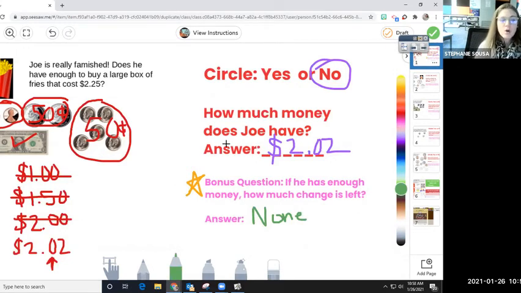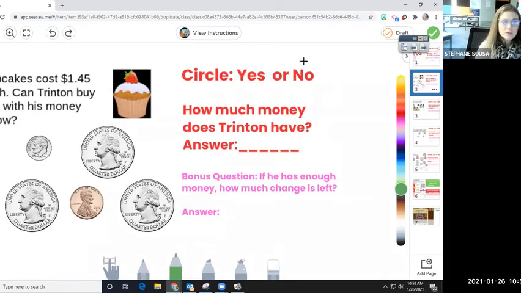You need to show how you solved that work, whether it's circling your values or writing on the side or using the addition symbol. You have to show me how it is that you found the money with your group and then answer these questions. Okay? Slide 2 is what you are getting ready to work on together inside of your breakout rooms. All right? Slide 2. Here you go.